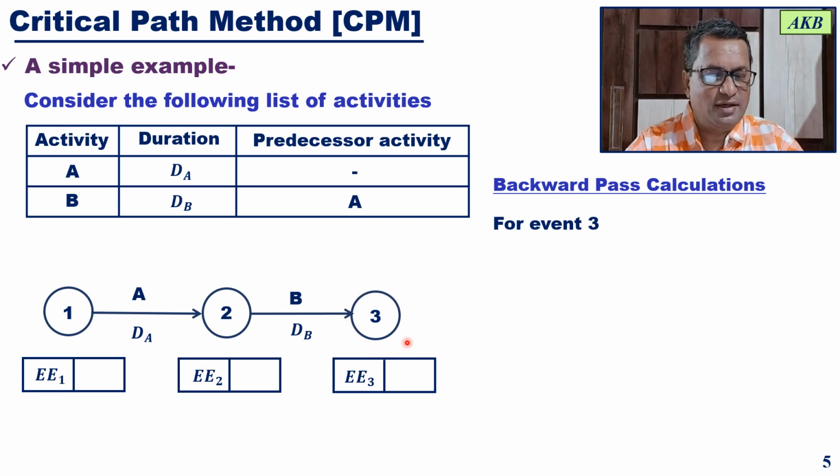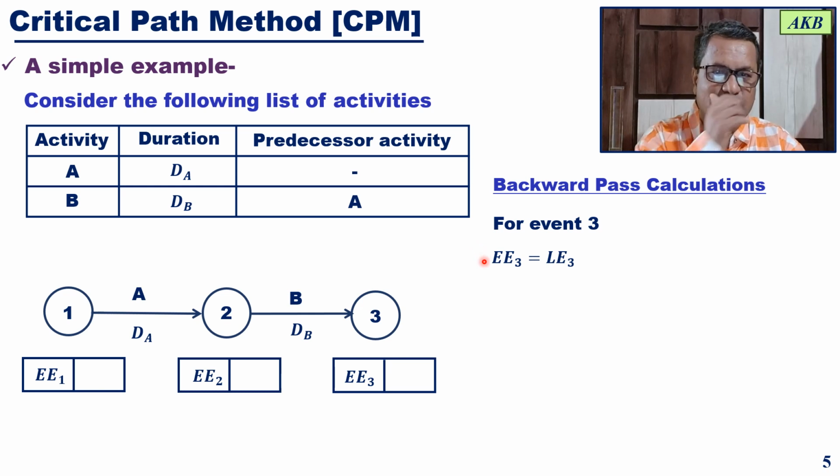In this diagram the last event is event 3. For event 3, EE3 is equal to LE3, that is, the earliest event time for event 3 is equal to the latest event time for event 3. This will be done in all the cases.